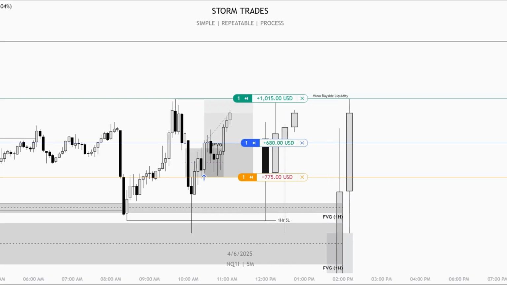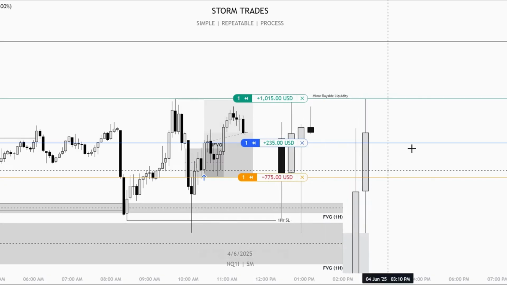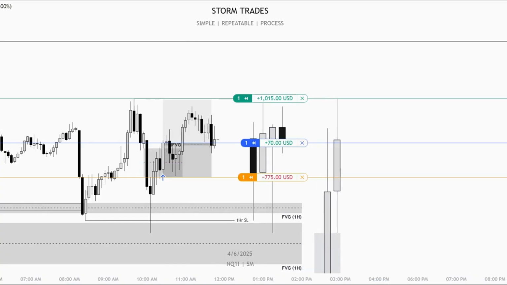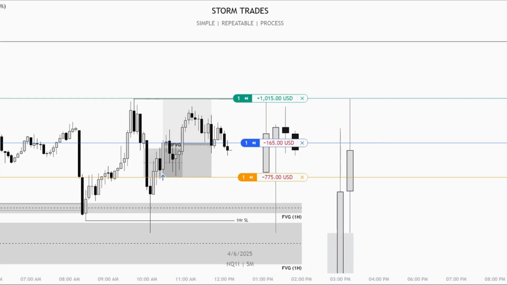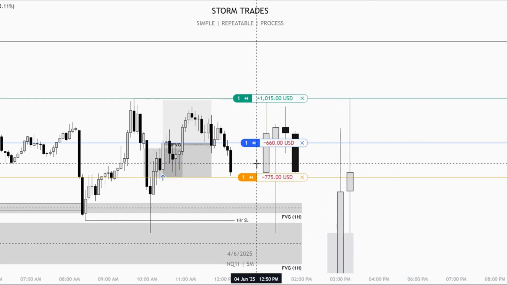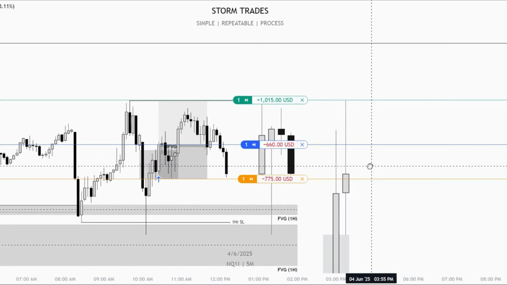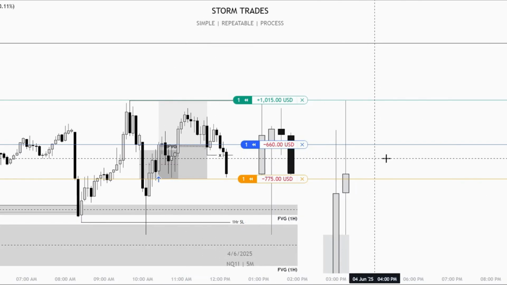Price also almost goes to our take profit. We didn't. This was a long trade. And we also got another stab down where I thought we might get taken out here.